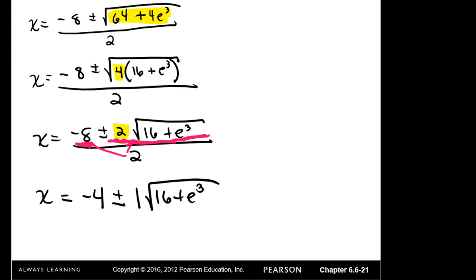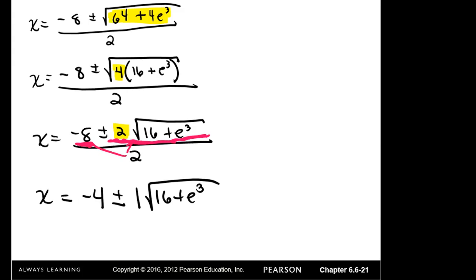And this is actually 2 answers: -4 plus 1 times the square root of 16 plus e cubed, and -4 minus 1 times the square root of 16 plus e cubed.